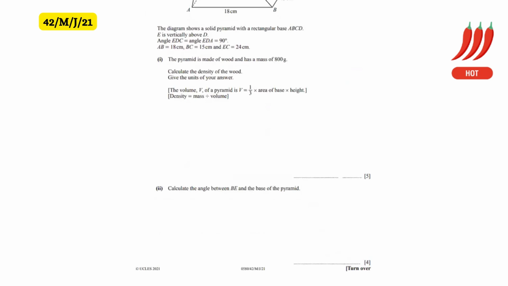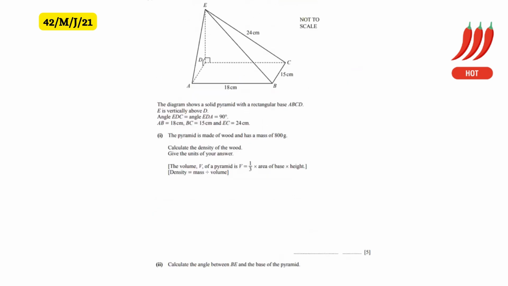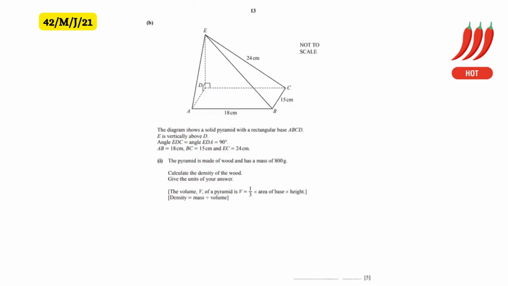Then it says calculate the angle between BE and the base of the pyramid. So BE and the base of the pyramid. So this is the angle. This is the triangle that we're focusing on. This is the angle.